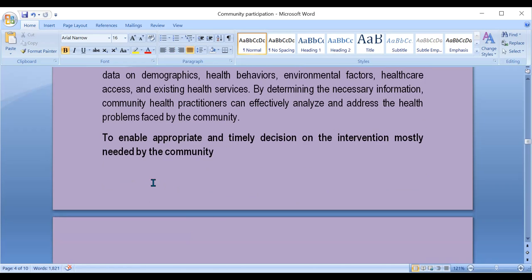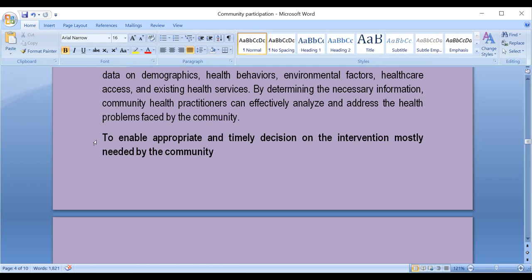Secondly, it is to enable appropriate and timely decision on intervention mostly needed by the community. Let's say you are posted to a particular community newly, and you don't know where to start. Once you deploy the community diagnosis tool, it will enable you to appropriately and timely decide on intervention most needed by the community, because you now have the data.